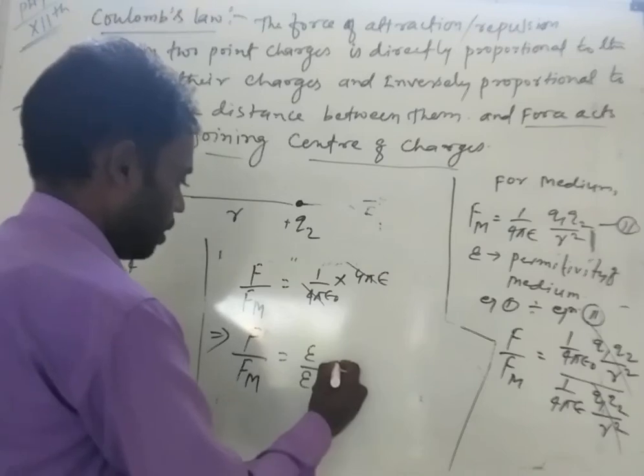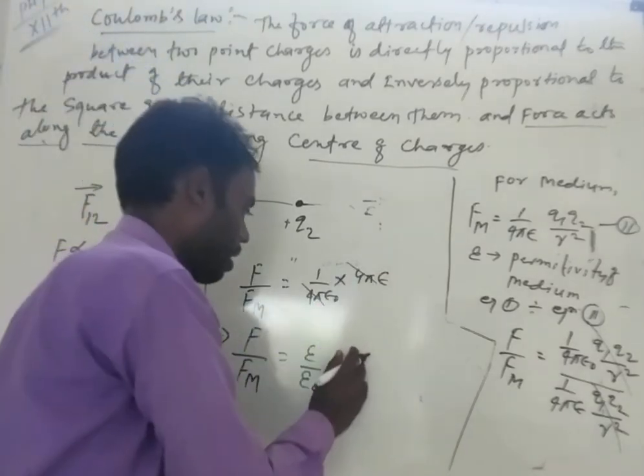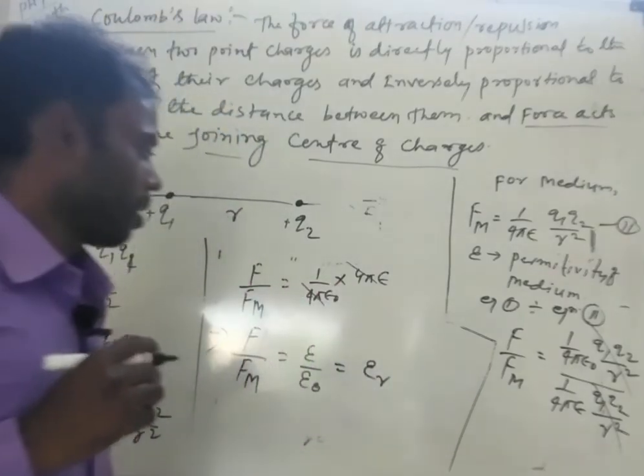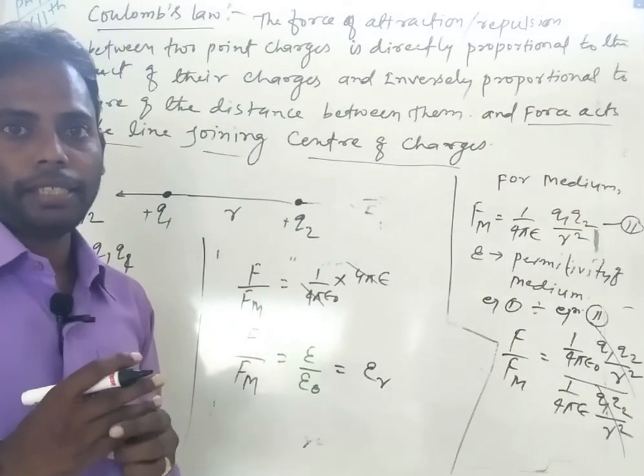This ratio of epsilon to epsilon naught is another constant, epsilon r, known as relative permittivity.